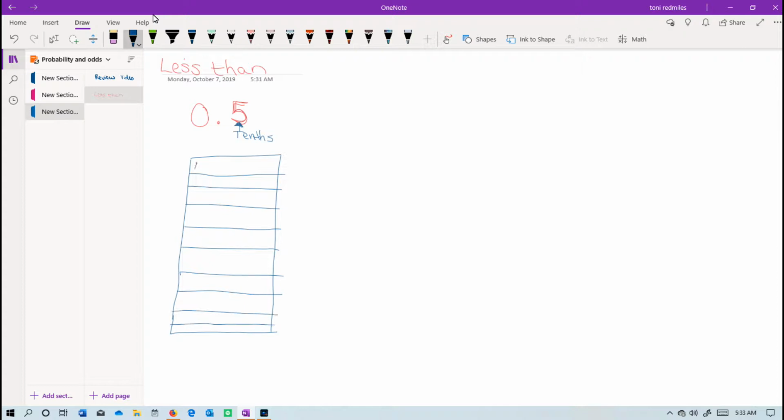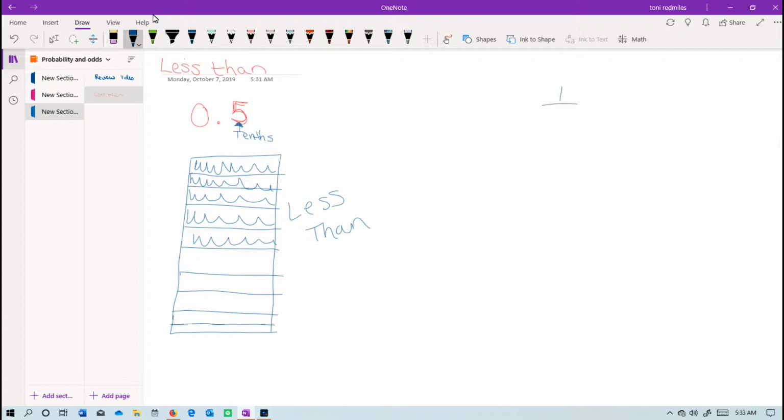This would be my bar, and I'd color in 5 of them. And as you can see, this is less than 1. It doesn't fill up the whole entire thing. And we can share this idea with fractions.